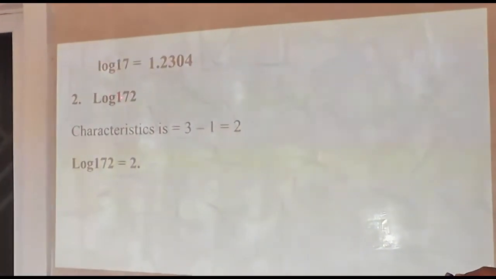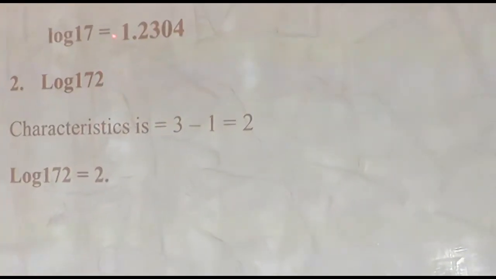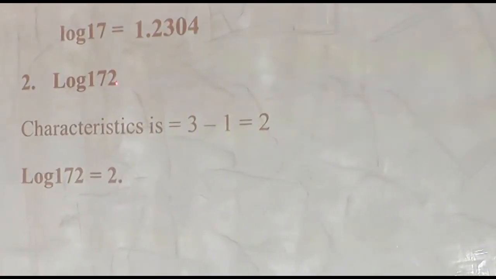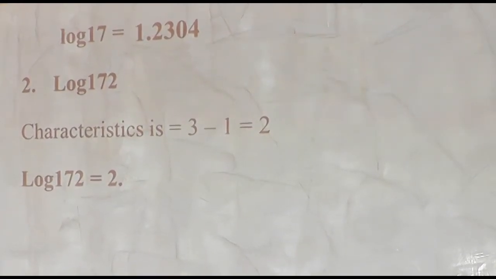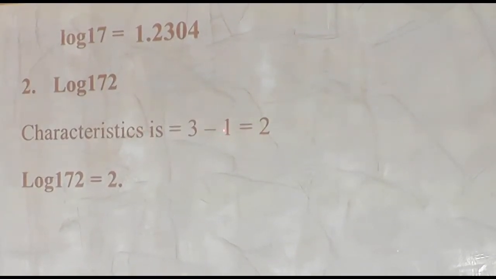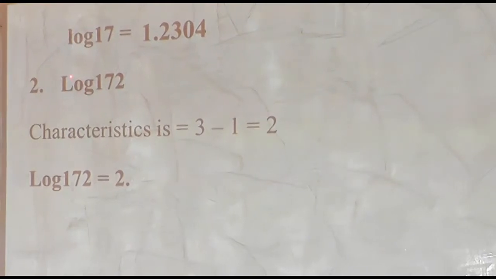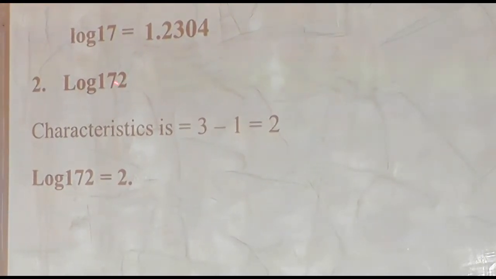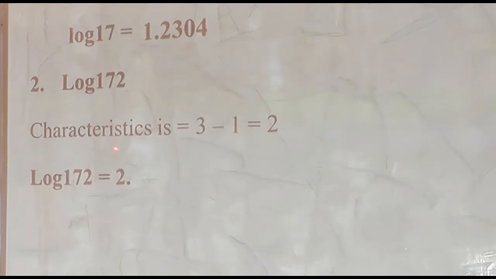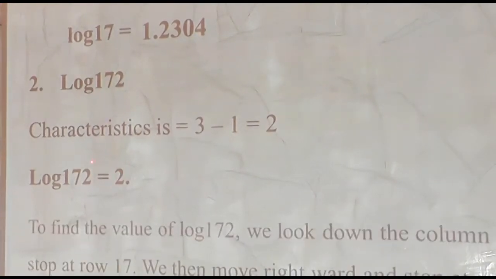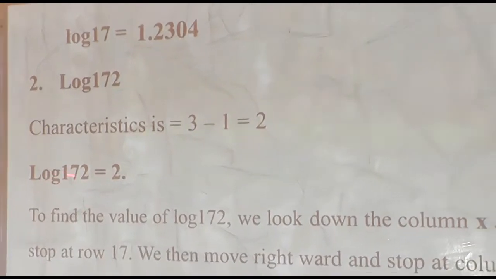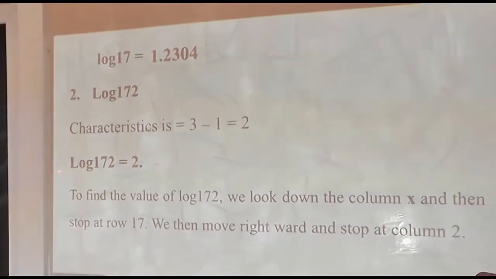So here I have 3 digits, 172. To find the characteristics part, I will always subtract 1 from the number of digits I have. So I have 3 digits here, I subtract 1 and I have 2. So here I'm going to have 2 point whatever I will find in the logarithm table.